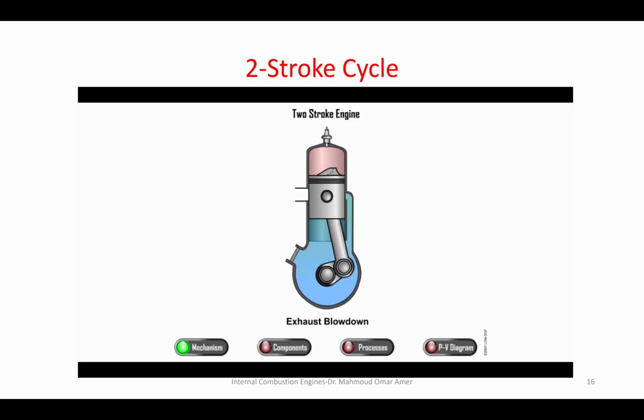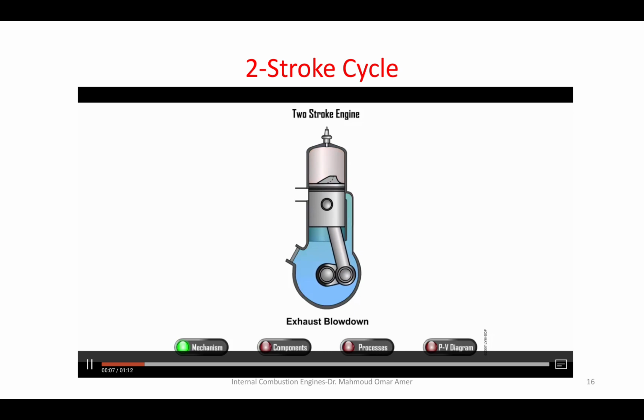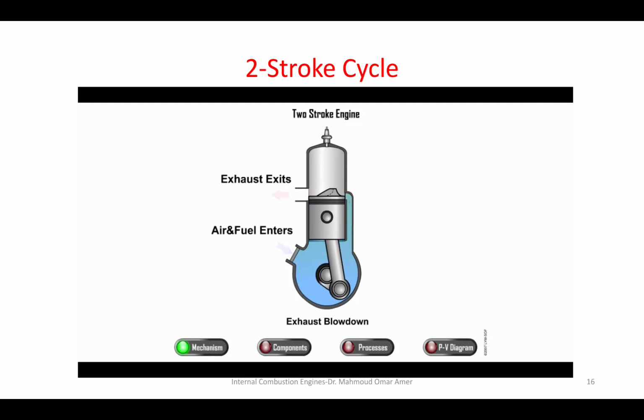As the piston goes down, it compresses the air in this area. So as the piston opens the intake port, the compressed air inside the crankcase rushes inside the cylinder. And as it rushes inside the cylinder, it displaces the exhaust and pushes it out through the exhaust port.